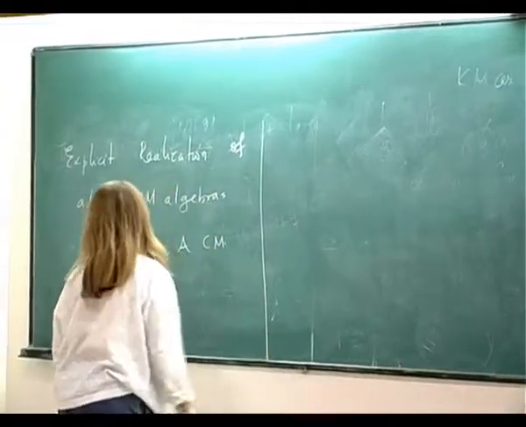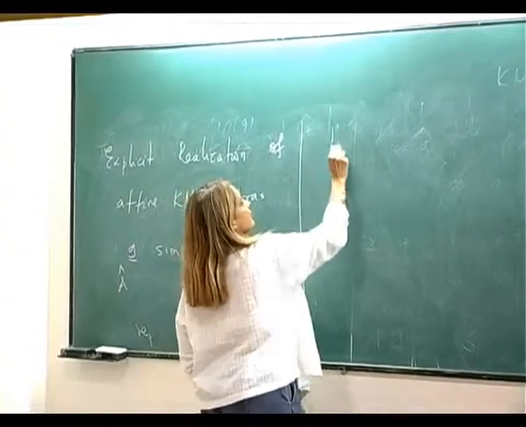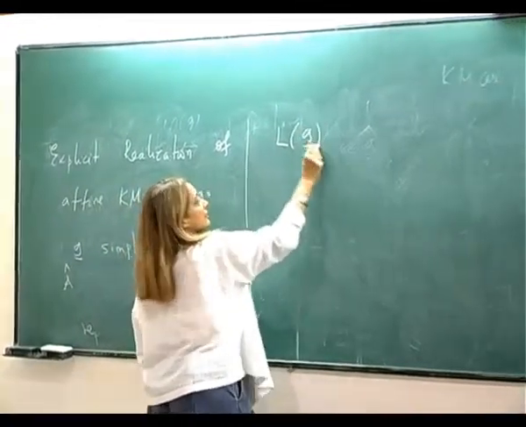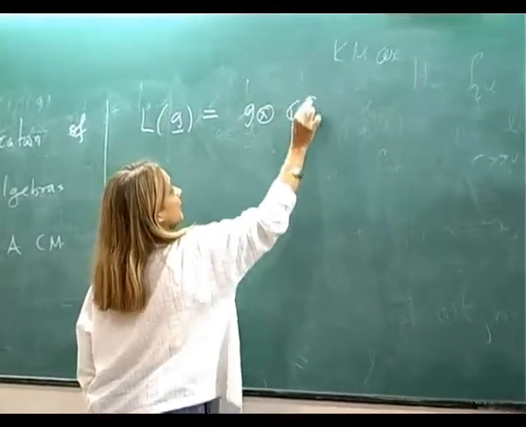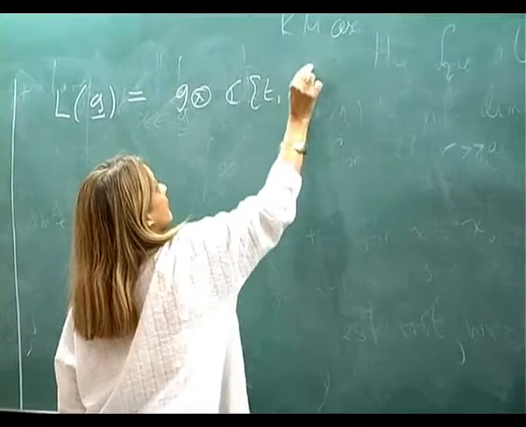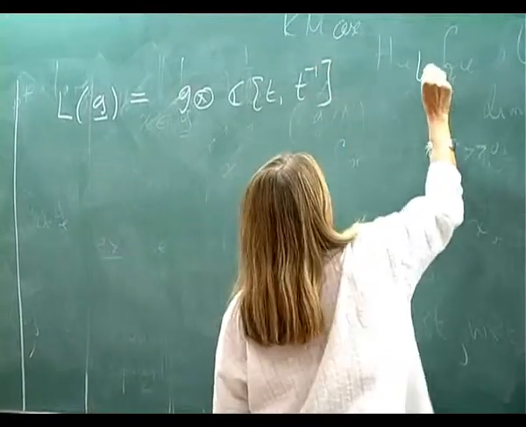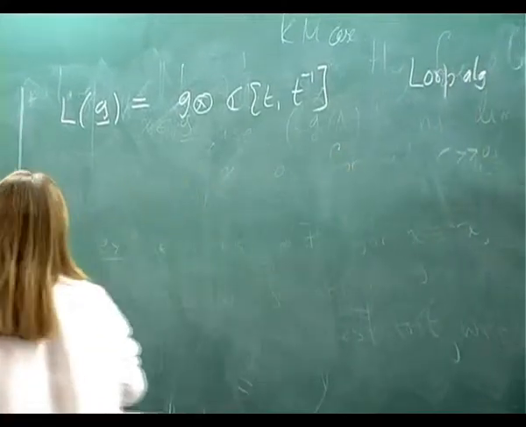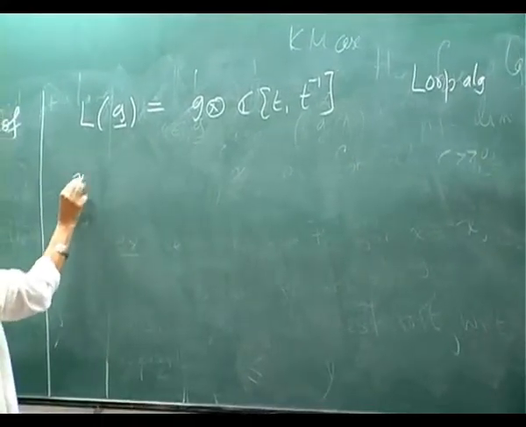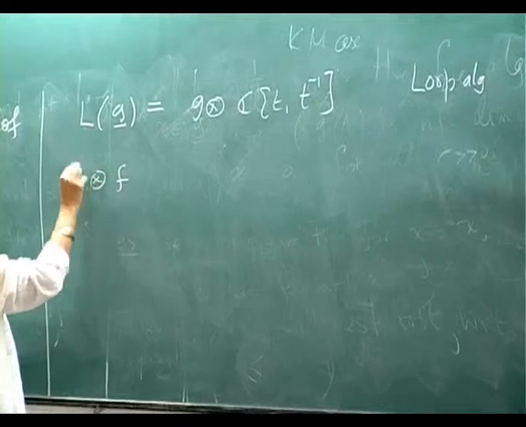So here's the construction to begin with. We're going to define L(G), which I'm going to call the loop algebra. This is G tensor C[t, t inverse], the Laurent polynomial ring in one variable. This has an obvious Lie algebra structure.